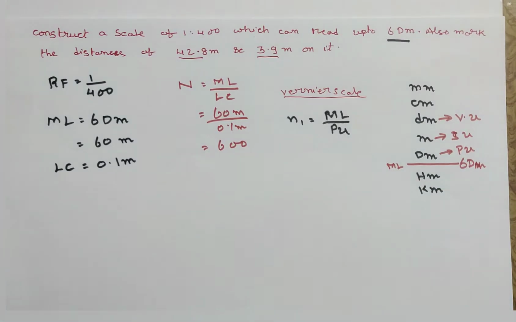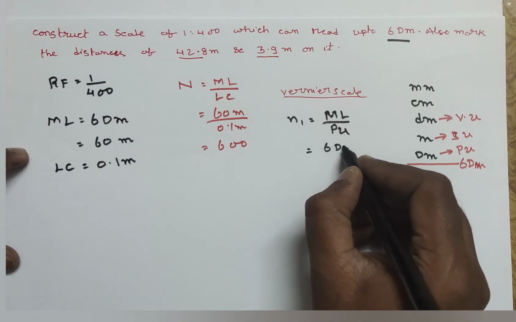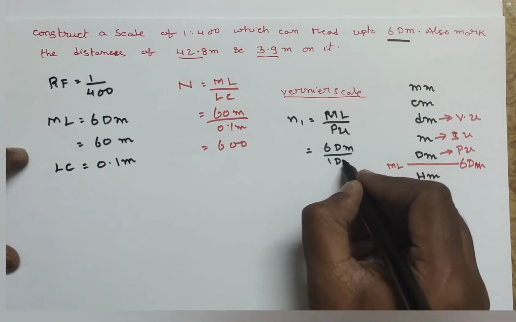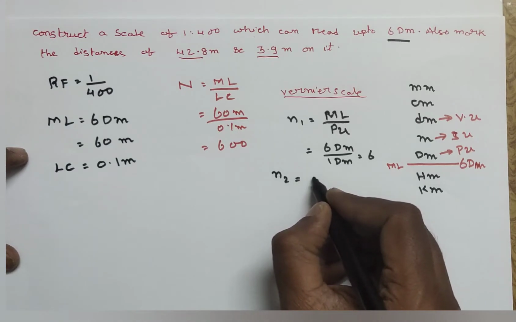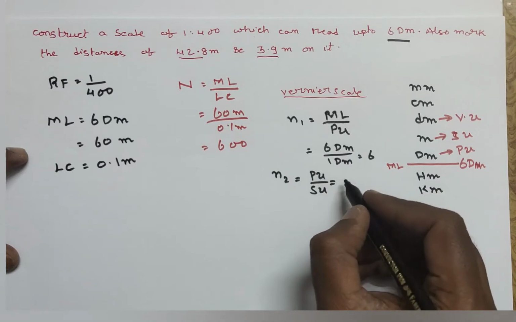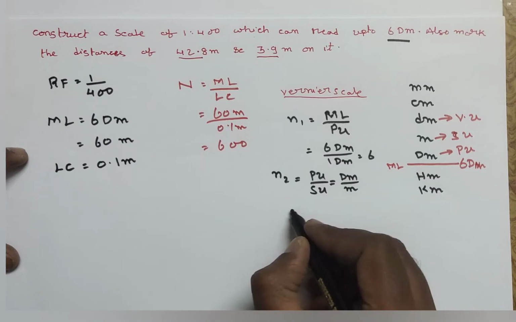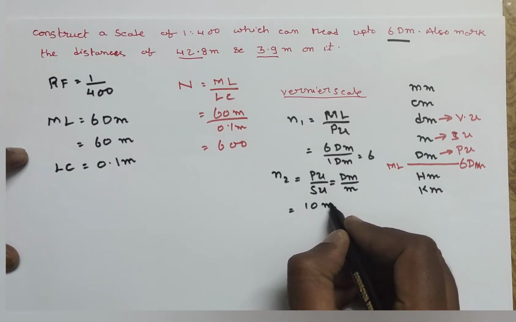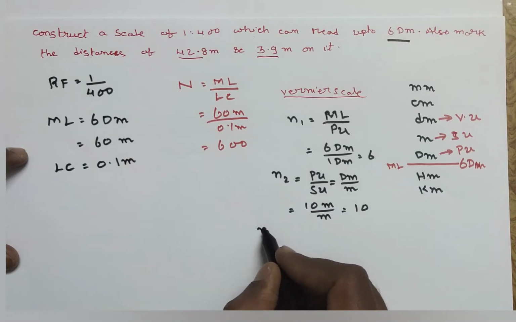Now how much is N1 here? N1 is equal to maximum length, 6 decameters, divided by 1 decameter, which is equal to 6. N2 is equal to primary unit divided by secondary unit. Primary unit is decameter divided by secondary unit meter. 1 decameter is 10 meters divided by meter, which is equal to 10. What about N3?